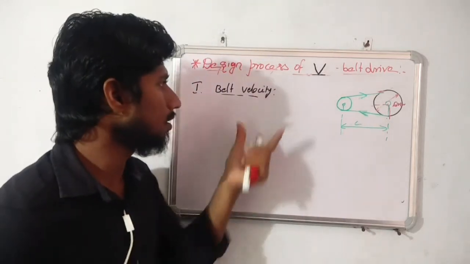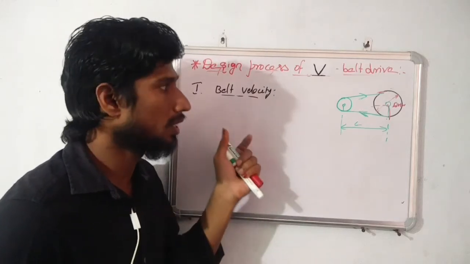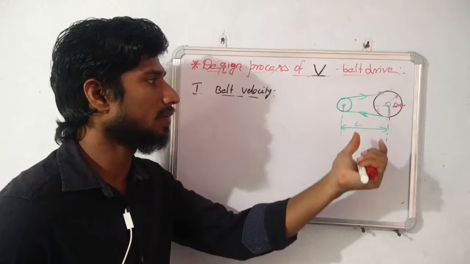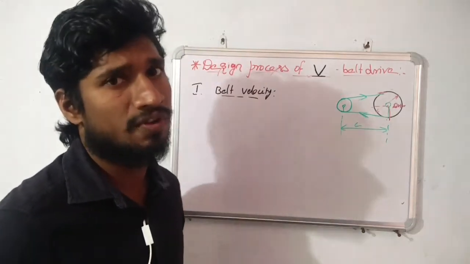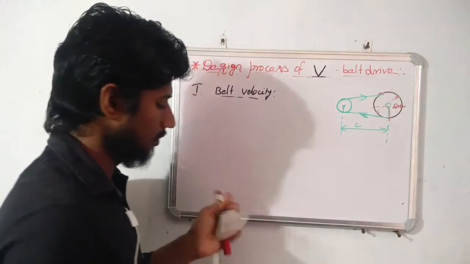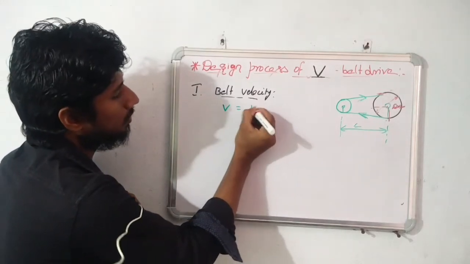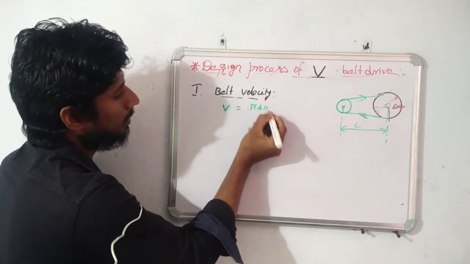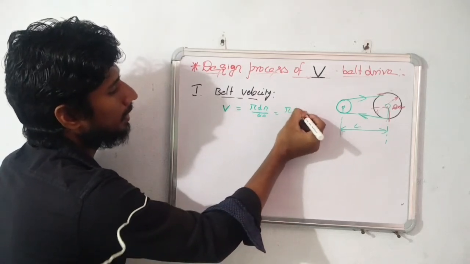So the first step is to find out the velocity of the belt. Here we find the belt velocity with the help of the diameter and speed of the driving or driven pulley. It is denoted by V, that is equal to pi d n by 60.